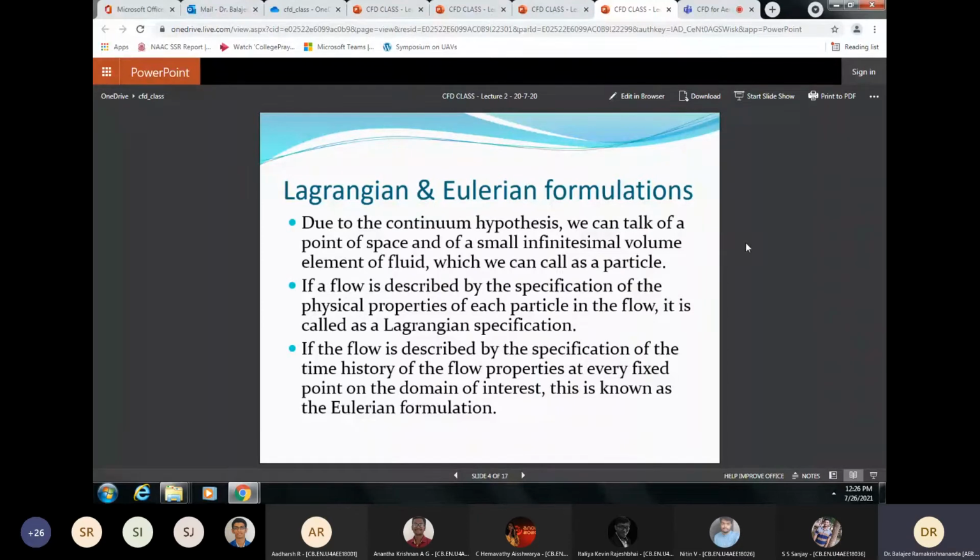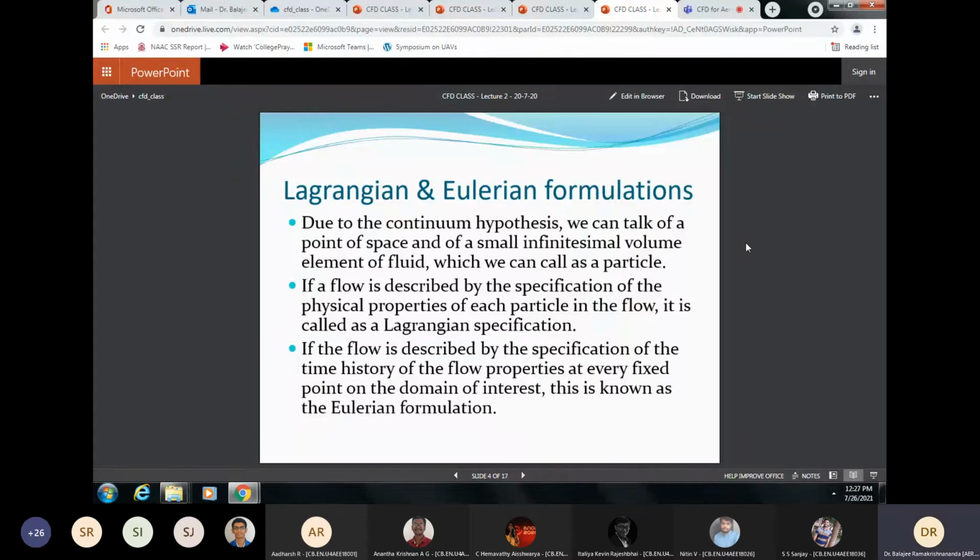In fact, this particle is adjacent to another particle in all directions. So it's a continuum. The flow is described as specification of the physical properties of each particle in the flow.